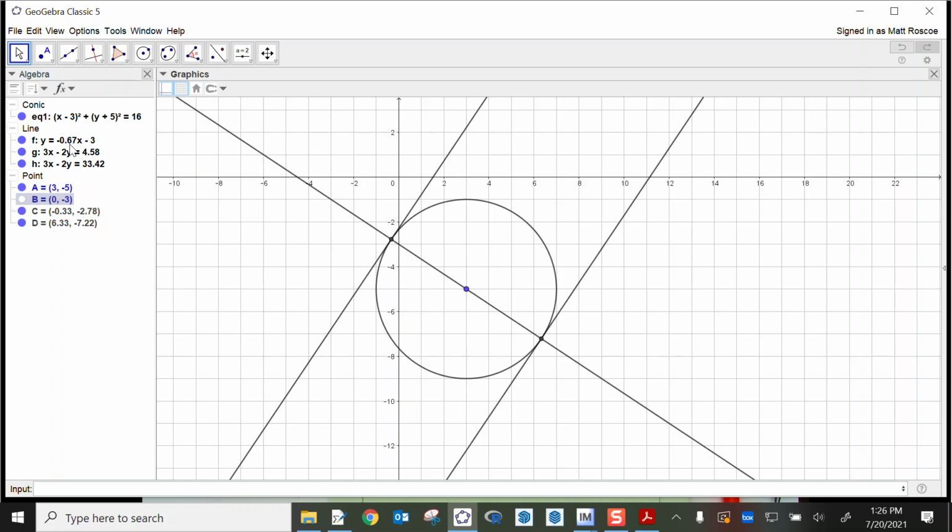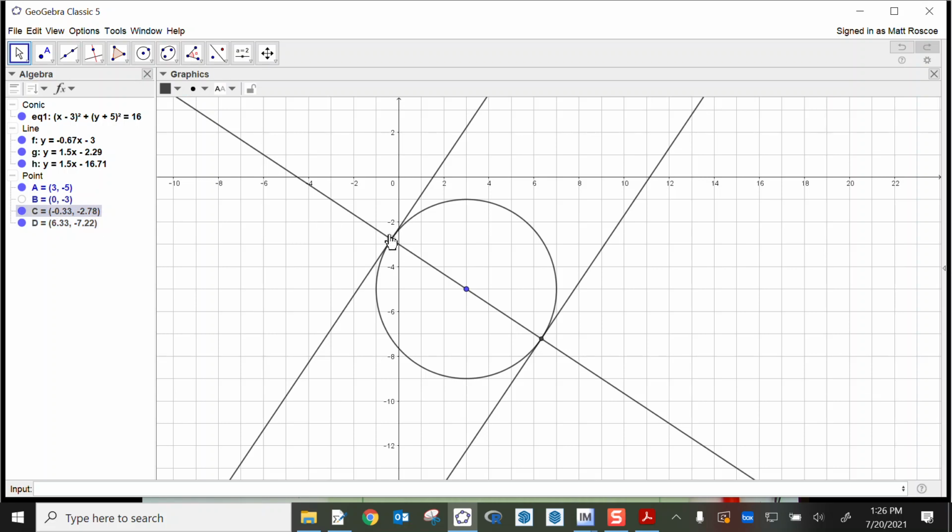So one thing I want to make sure is that both of these lines are of slope 3/2, and sure enough, 1.5 and 1.5. So those are the two lines of slope 3/2 that are tangent to the circle, so that's good. And then of course here and here are the coordinates.